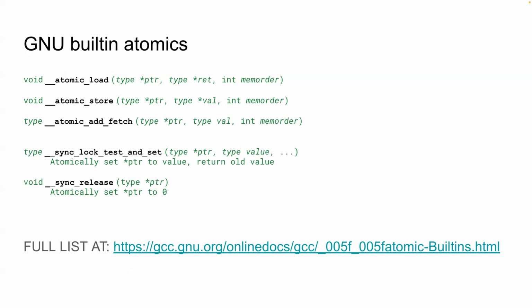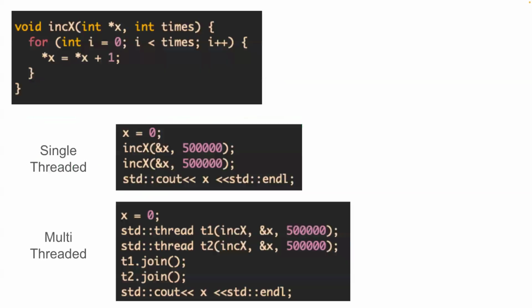Okay, so makes sense. If we look at the previous example, what do you think should change over here to make this work as we think it should? Any guesses? Yeah, exactly.